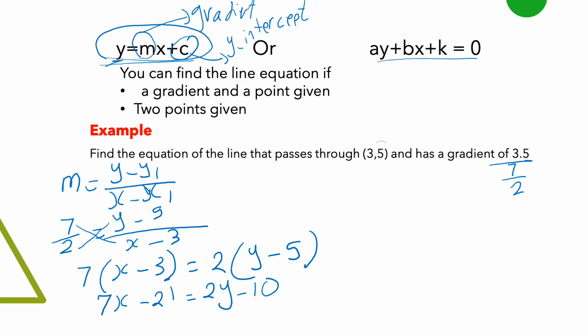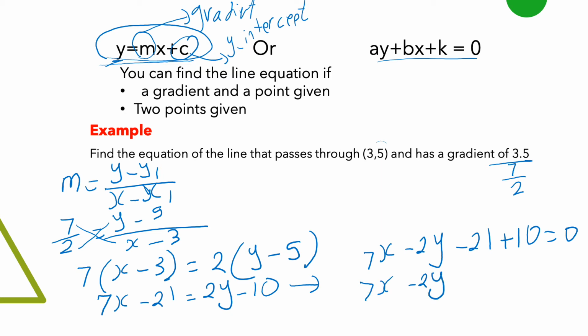Now it's up to you how to arrange. I'm going to rearrange everything to make it equal to 0. So we will have 7x - 2y - 21 + 10 = 0. Now simplify, and that's your line equation.